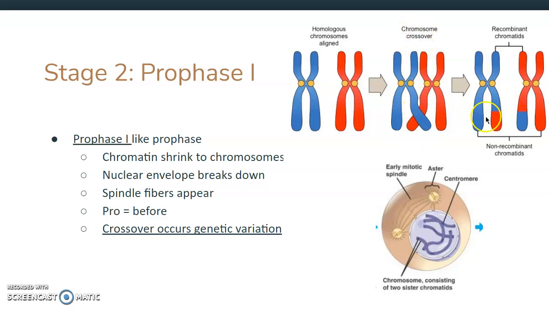But what happens is, as they're tangled up, some of our genes switch. So we can see the genes that started in the blue end up on the red, and the genes that started on the red end up in the blue. So this is how we can get some changing of genes, some changing of DNA, and this is how we can have siblings from the same parents look very different.